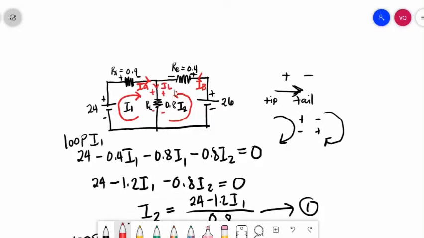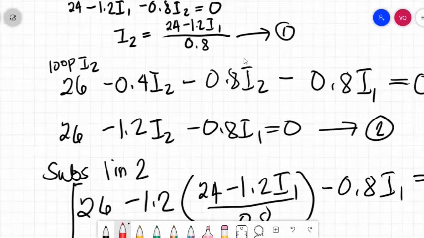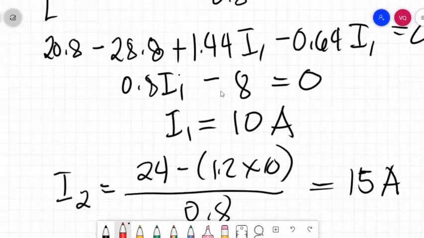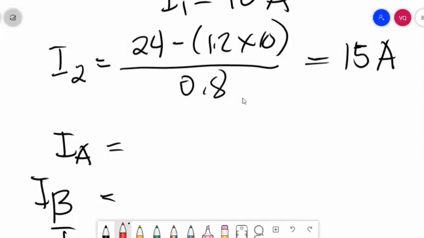So as you can see, the direction of IL is the same direction as I1 and I2, so it is I1 plus I2. So branch current IA is equal to loop current I1, branch current IB is equal to loop current I2.